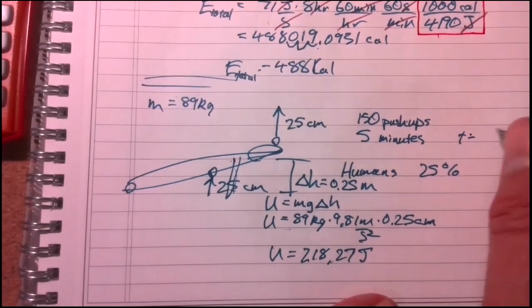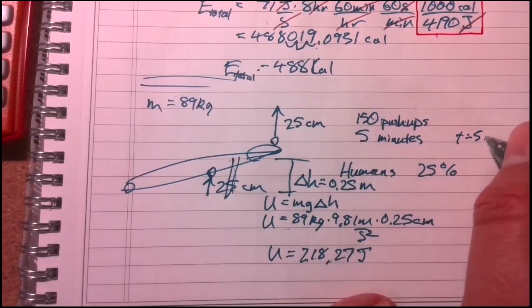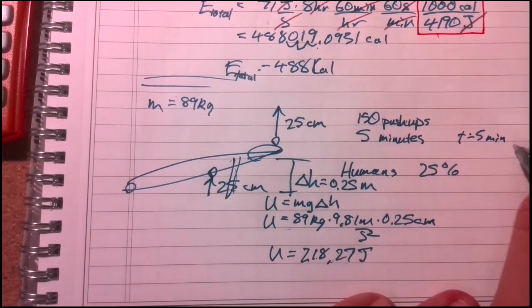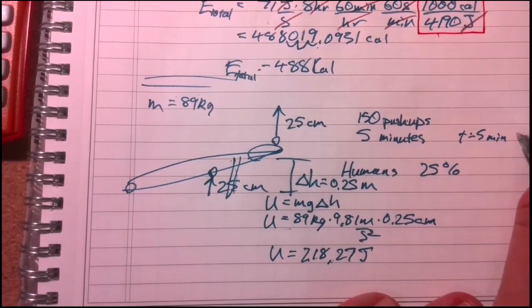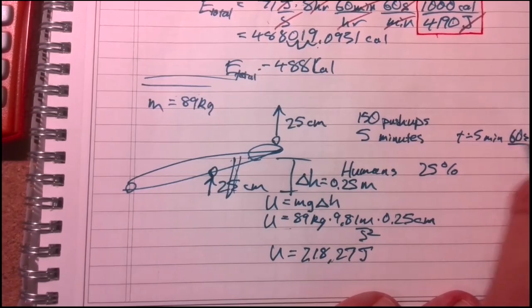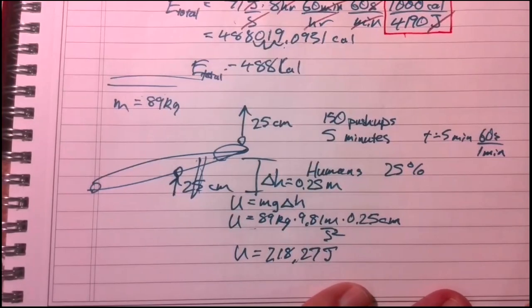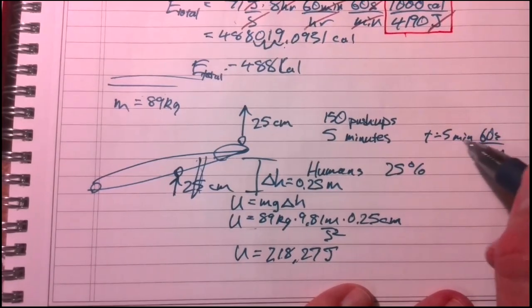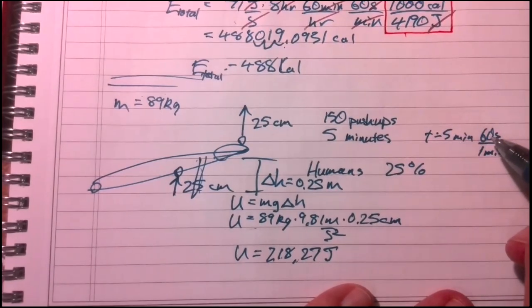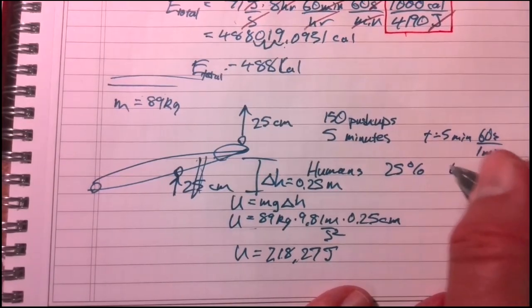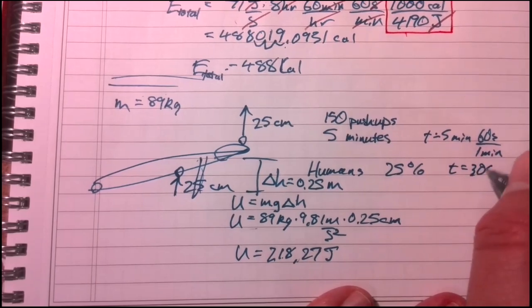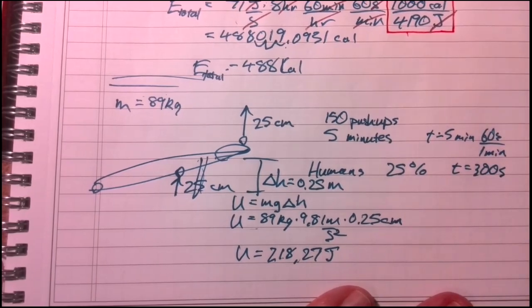So time is going to equal 5 minutes, and there are 60 seconds per 1 minute. So 5 times 6 is 30 plus that extra zero. That's 300 seconds. So the total time that he does push-ups is 300 seconds.